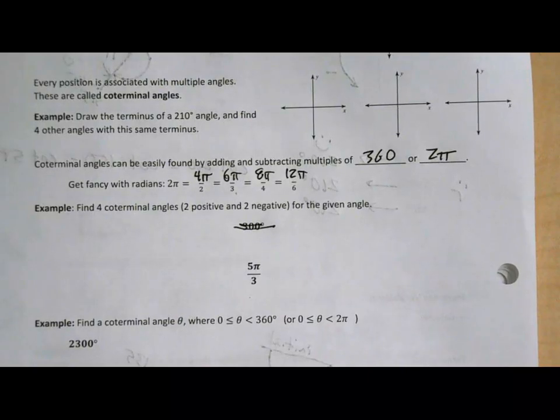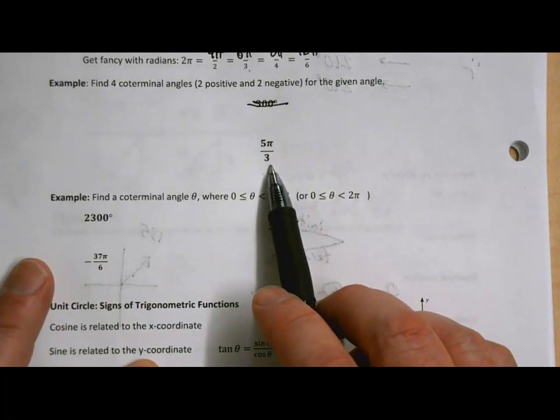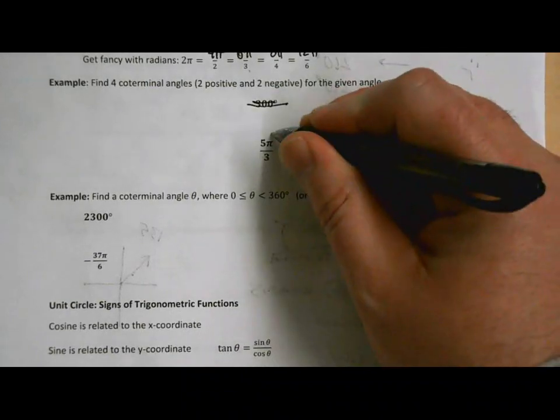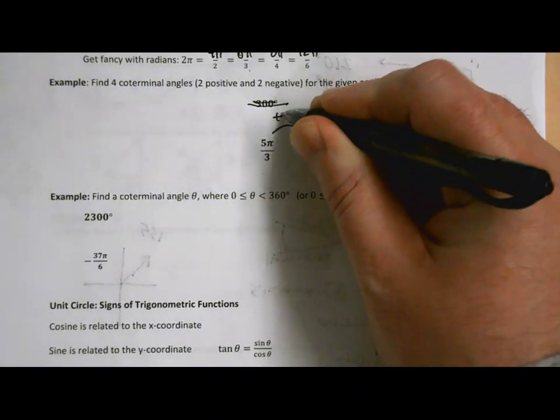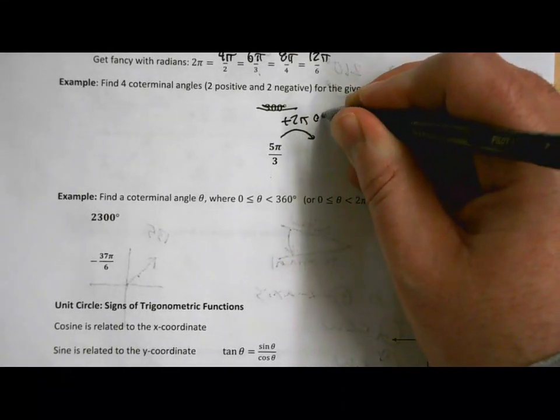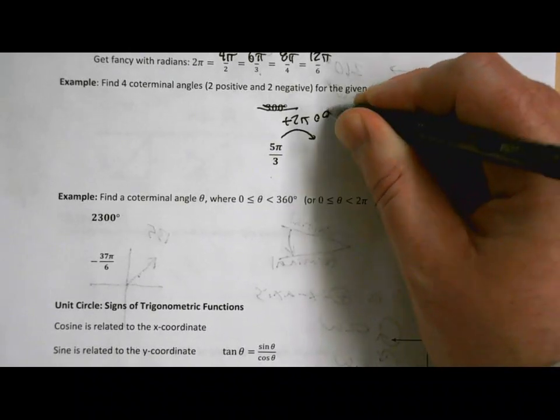So if I want to find 2 positive and 2 negative coterminal angles for this 5 pi over 3, I'm just going to add 2 pi. I'll do it a couple times. But in my head, I'm going to be thinking of that 2 pi as something over 3. What is 2 pi? That would be 6 pi over 3.